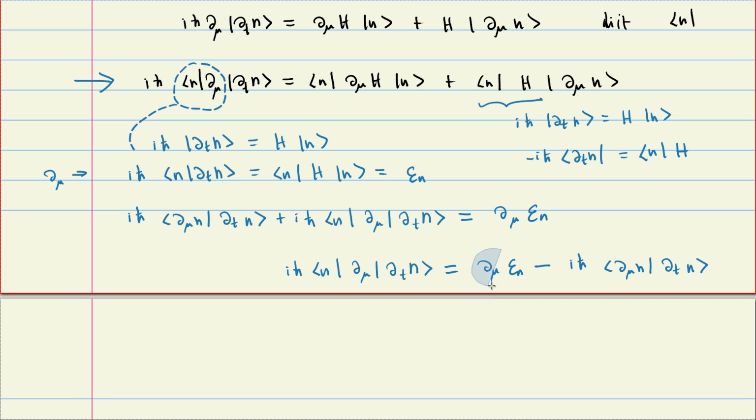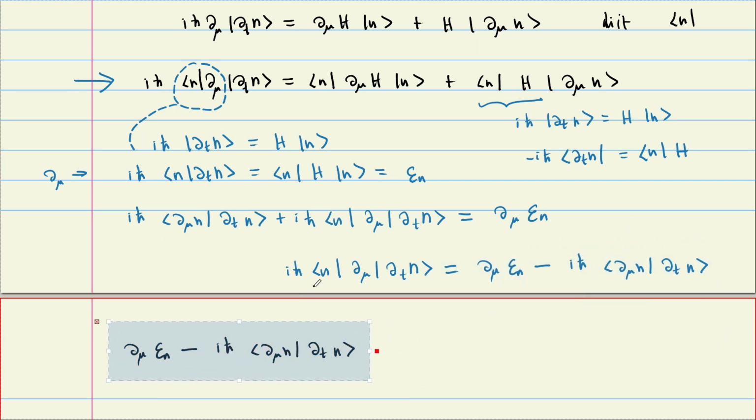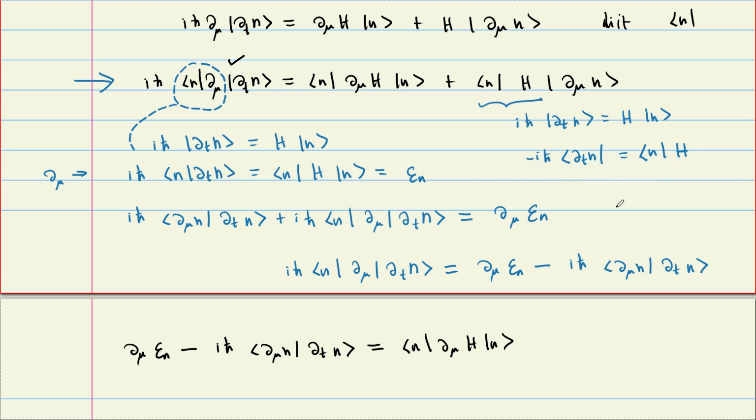So let me write it one by one. Now I have this term equal to n del mu h n, and this thing is minus, actually let me write it as minus i h bar del t n del mu n.